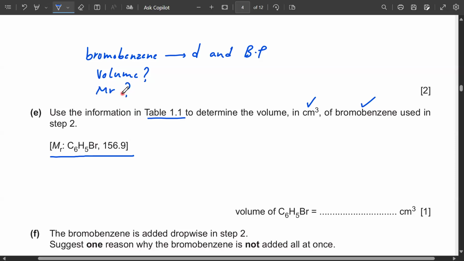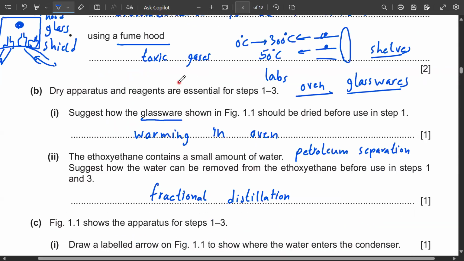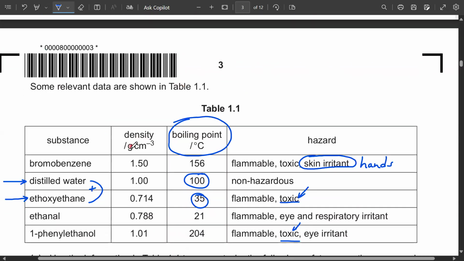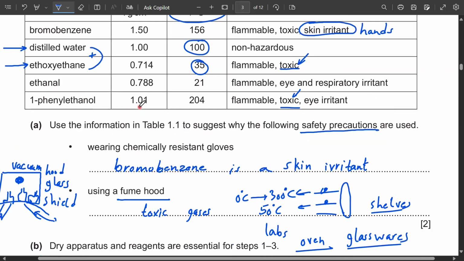So, what step will you include to find the volume? Density is usually given in gram per cm cube. I will take you to this table, and here we can find density is in gram per cm cube, and this is bromobenzene. Do you need to use the value of boiling point? No. We will only use the value of density, 1.50.